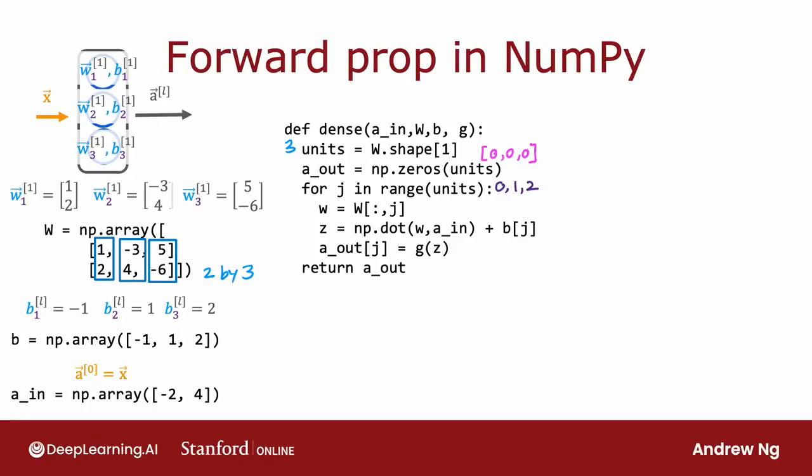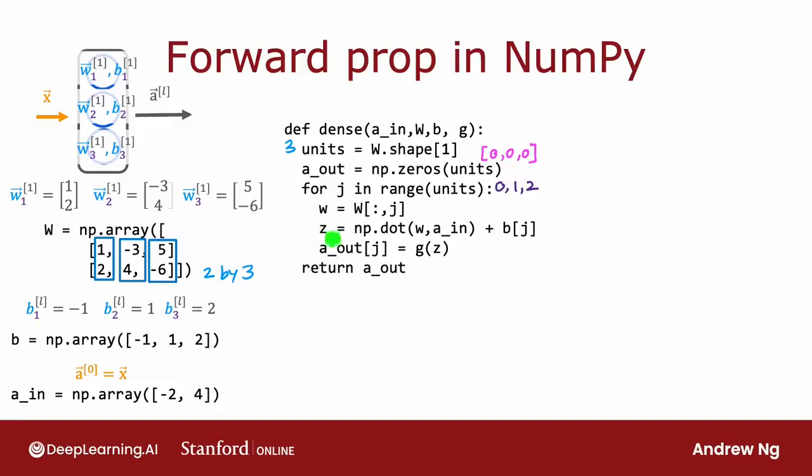So the first time through this loop, this will pull out the first column of W, and so it will pull out w1_1. The second time through this loop, when you're computing the activation of the second unit, it'll pull out the second column corresponding to w1_2, and so on for the third time through this loop.